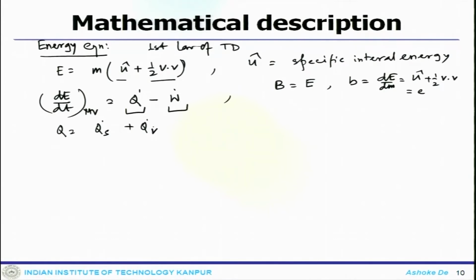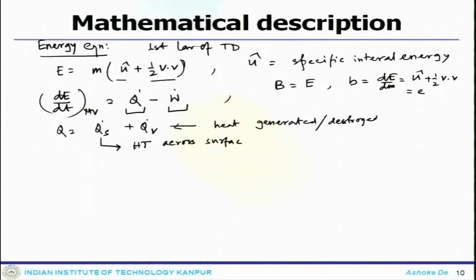Okay. So, this component refers to the heat transfer across the surface and this is the heat generated or destroyed in the control volume, in V. Similarly, W will have two components, one is W dot S plus W dot B. So, these are the two components.